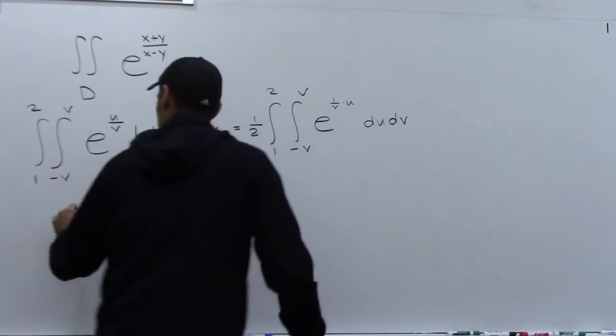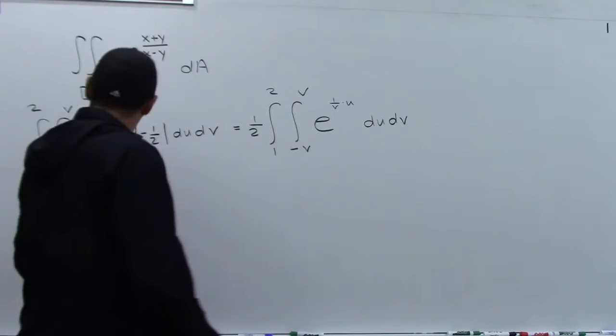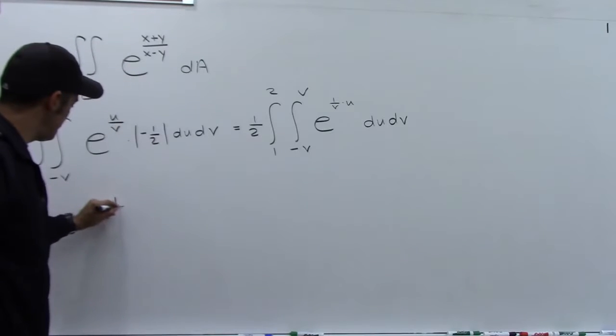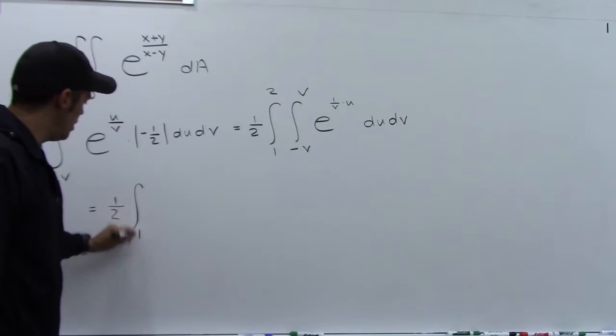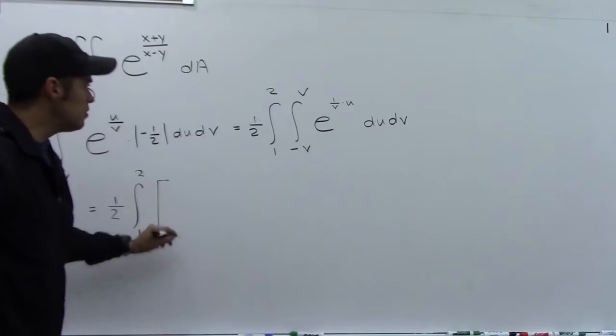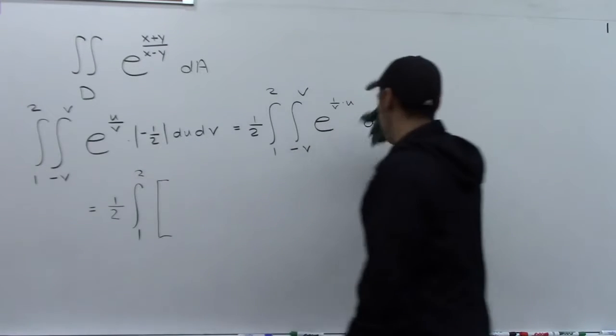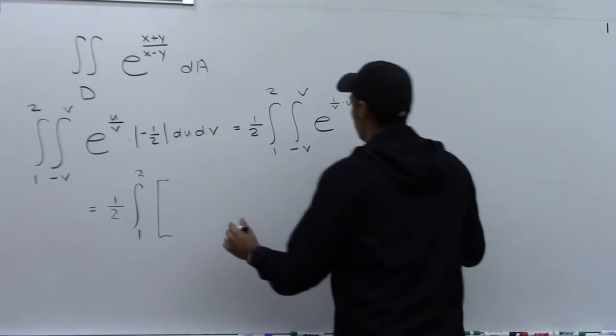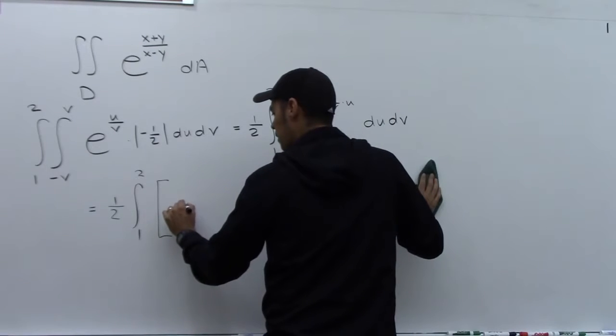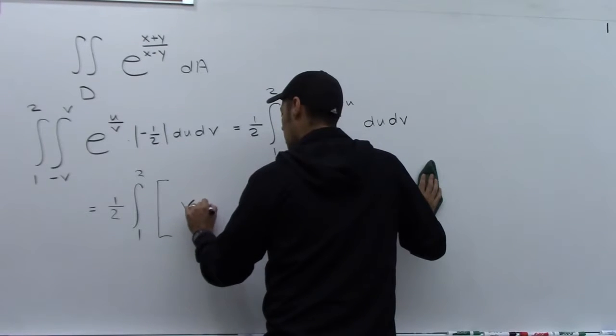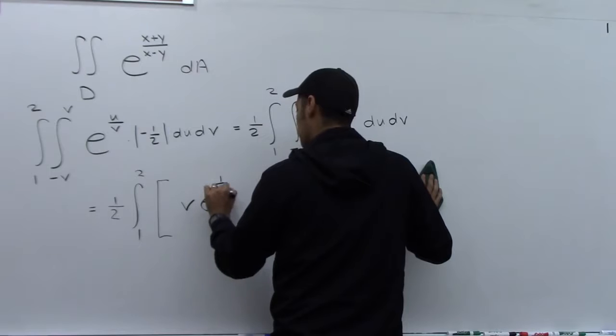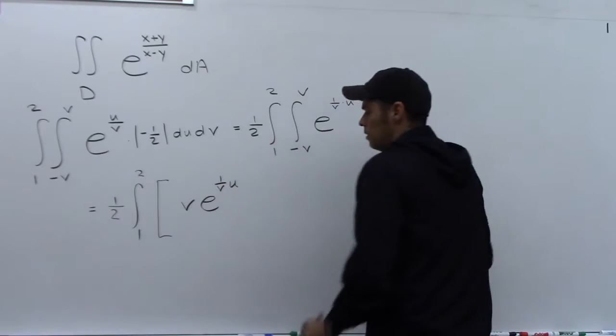So this is 1/2 integral 1 to 2. Antiderivative of e to the 1 over v u is going to be v e to the 1 over v u. So just think about it.